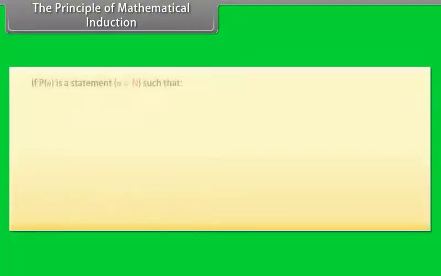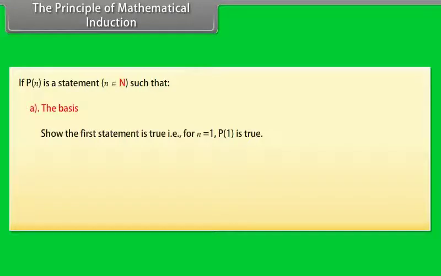The principle of mathematical induction. If Pn is a statement, n belongs to capital N such that the base shows the first statement is true, that is, for n is equal to 1, P1 is true. The inductive step.